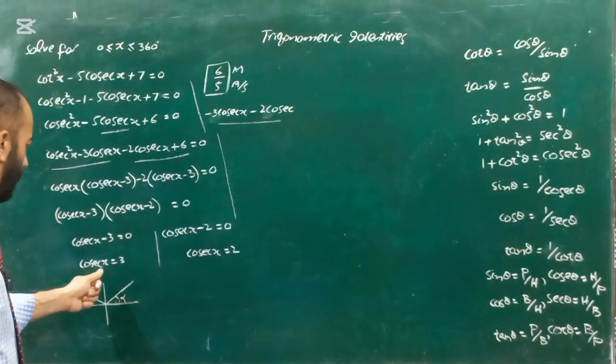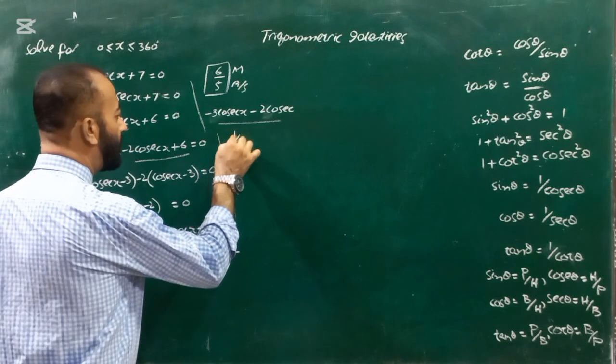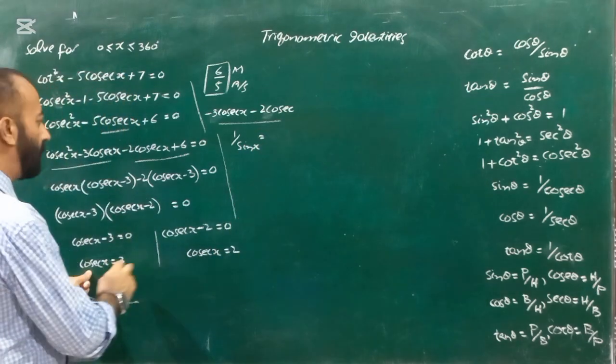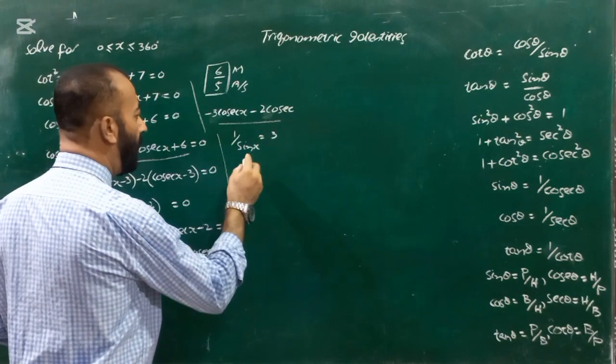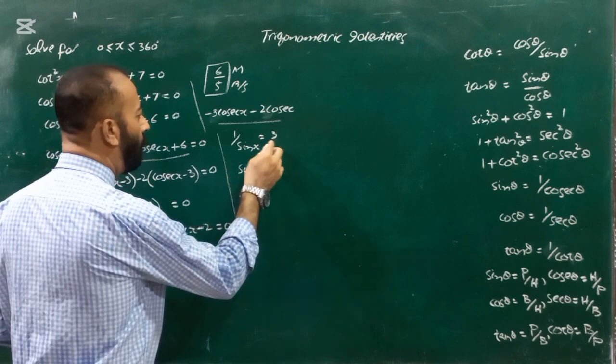Because cosecant x is equal to 3 and cosecant is equal to 1 over sine, so 1 over sine x is equal to 3, and sine x will be equal to 1 by 3.